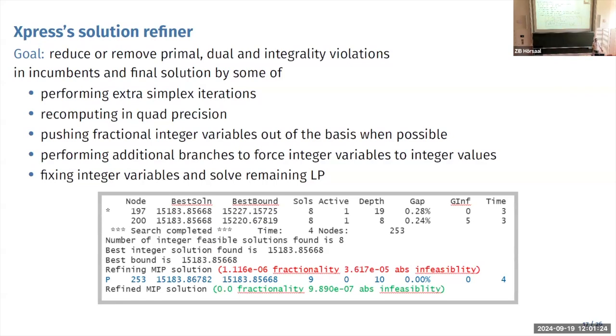And you can also check by rounding the values of the integer variables to real integers, fixing them, and seeing what the remaining LP gives. Can I confirm that this is actually feasible? So here you see that this can improve the properties of such a solution significantly. Simple thing to do, can be very useful in practice.